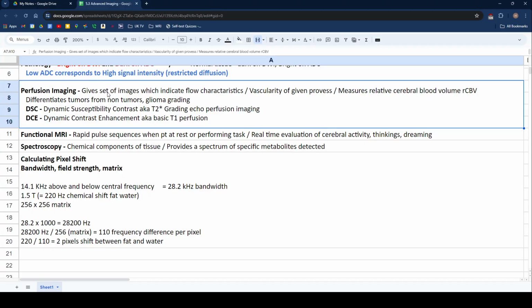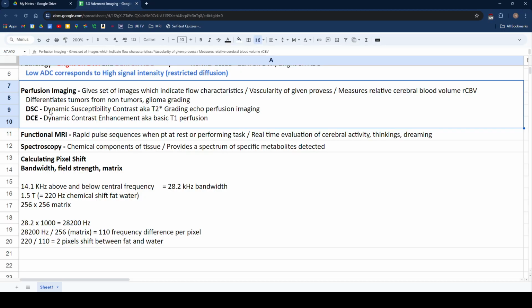Perfusion imaging gives sets of images which indicate flow characteristics, a vascularity of a given process. It measures the relative cerebral blood volume, RCBV. Differentiates tumours from non-tumours, a glioma grading.